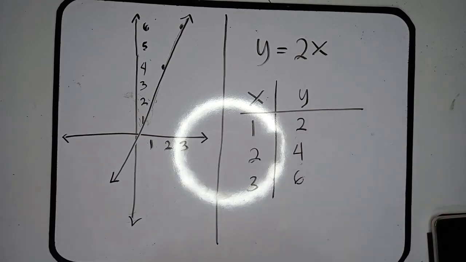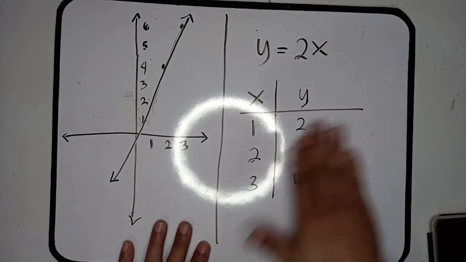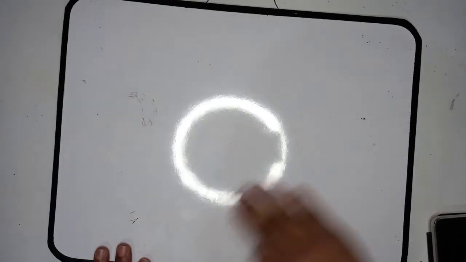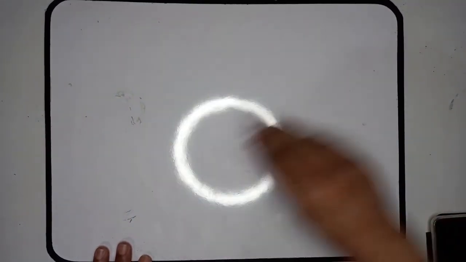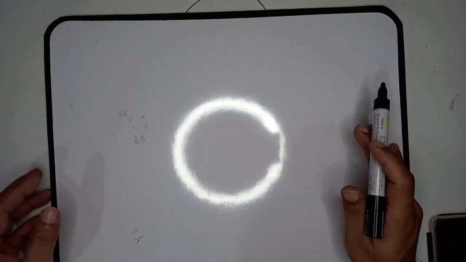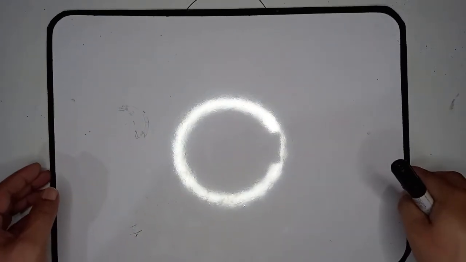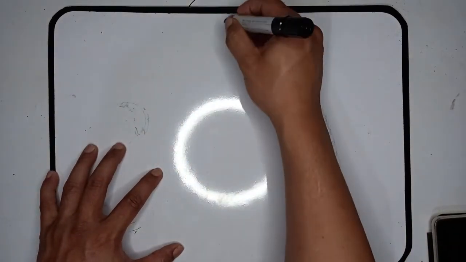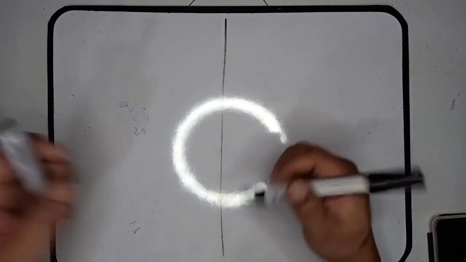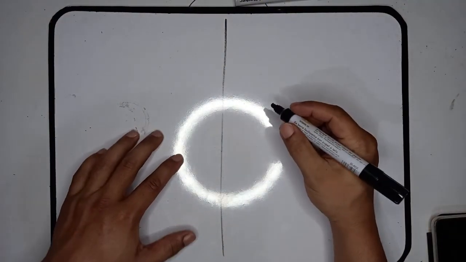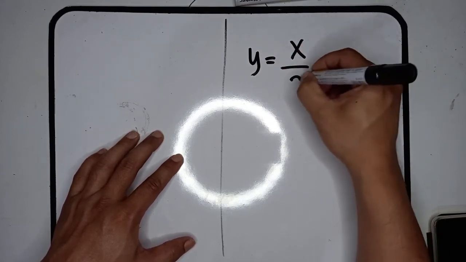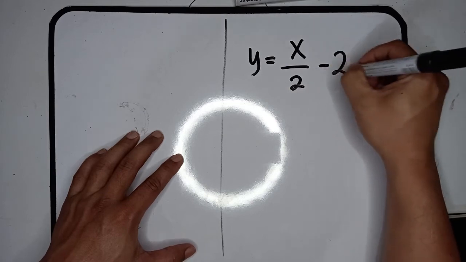Okay, so let's have another example. So let's say we have y equals x over 2 minus 2.